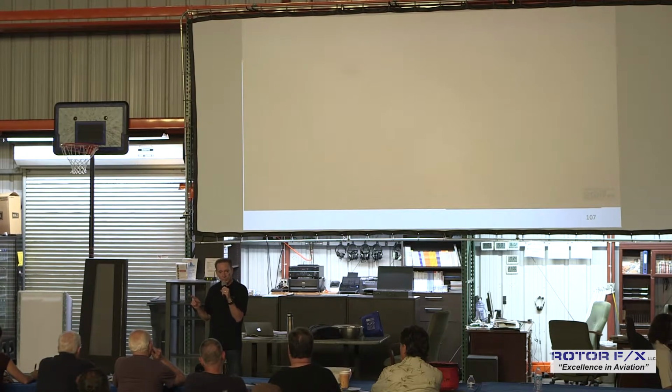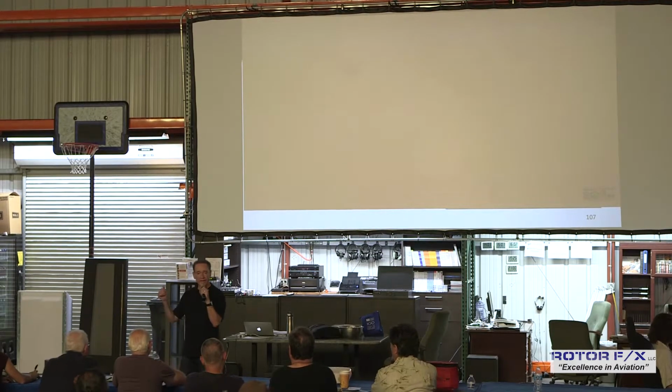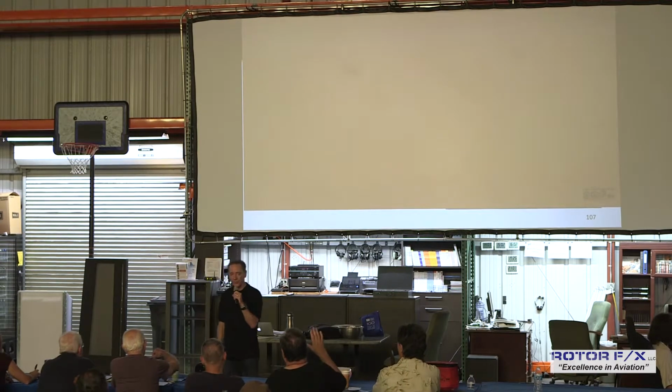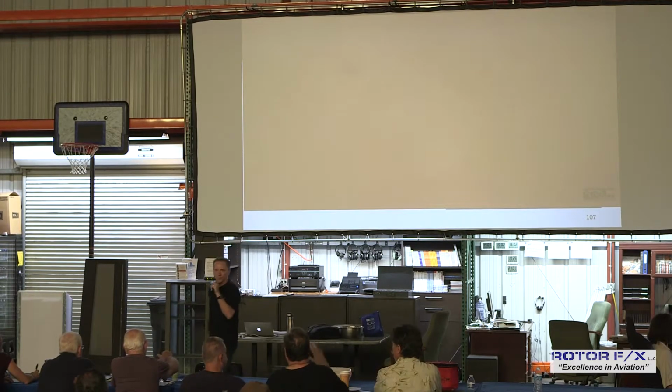What I do every time I get a firmware update is I download it and I apply it, and then I go out in the front of my house into my cul-de-sac and I tie a 100-foot rope to this drone and I fly it tethered. Before I ever fly it, before I ever set it free, okay? And the reason I do that is this video that you just saw. So that's what I do. What you choose to do is up to you, but that's what I do.